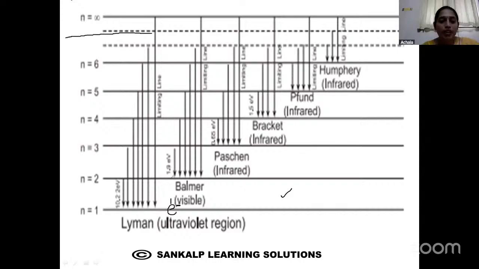They jump to higher energy levels, maybe second orbit or third orbit or the fourth orbit, whatever, up to infinite level, they may jump to any of the orbits. This is absorption. But while emitting back, they may jump to first energy level, that is first orbit, or they may emit to second orbit, or they may emit to third orbit, and so on.